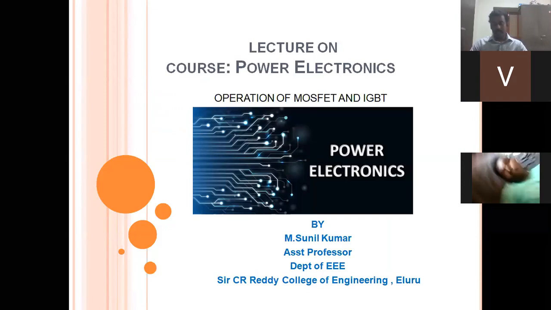We considered the turn on methods and turn off methods of SCR, the two transistor analogy, everything, and the gate triggering requirements for SCRs. All these are from your first unit, and the first unit is completed. In the next session we may start the second unit, that is the controlled rectifiers.